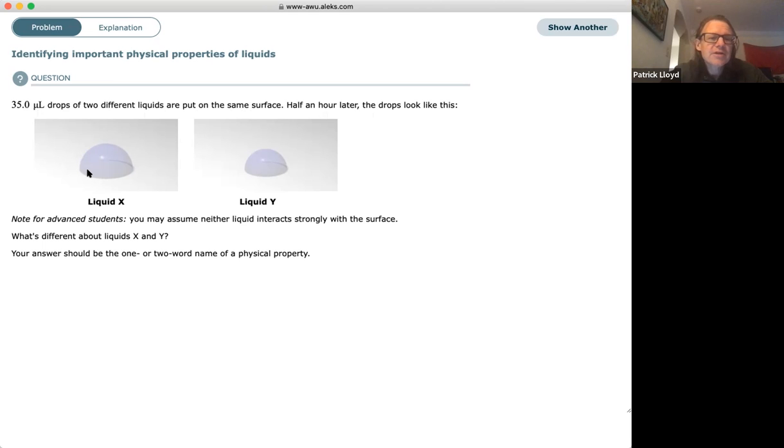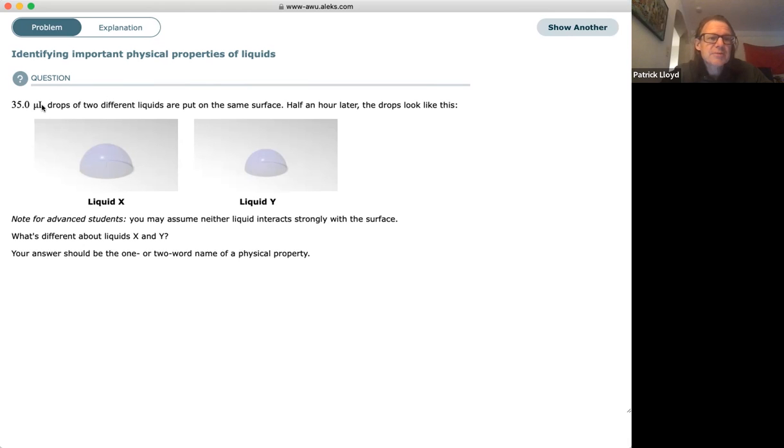If you take a look at the first one, you can see it's a drop, right? It's like a drop of water, and it's rounded like you would expect if it were on a surface. And the second one is true also. But if you look at them, the liquid Y is smaller than liquid X after a half hour, right?